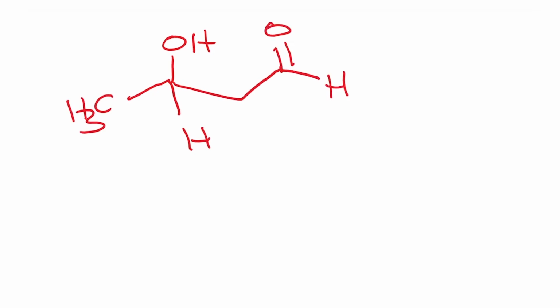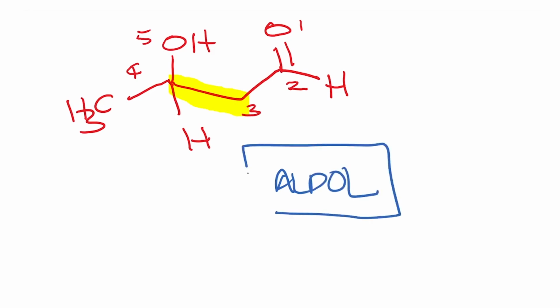So just to keep the same numbering, 1, 2, 3, 4, 5, and this is the new bond that is formed between carbon 3 and carbon 4. So this is called aldol. The product is called aldol, and the reaction that we are going to look at is called the aldol reaction. Okay, so this aldol product that is formed can be isolated, and we can store it even.